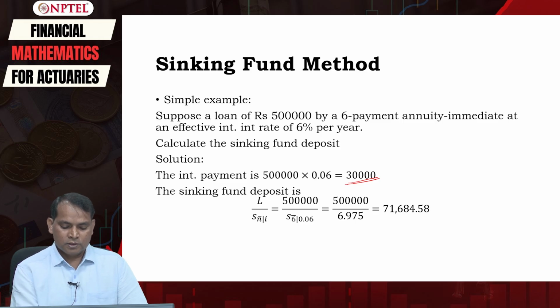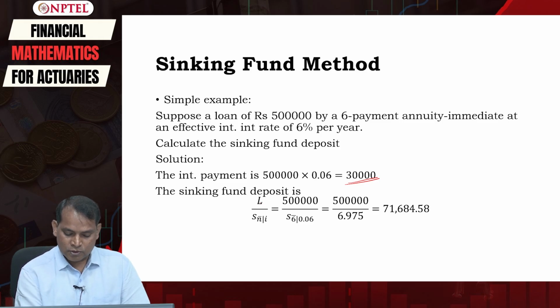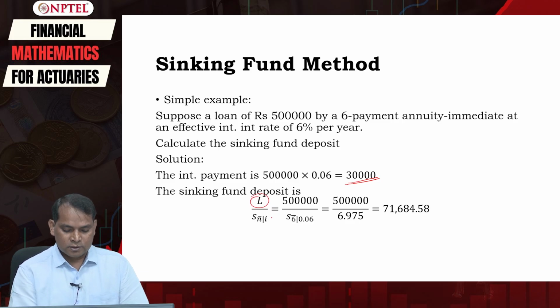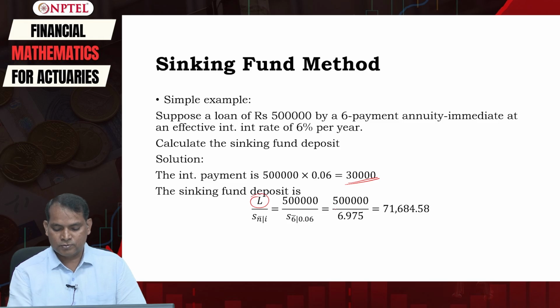The sinking fund deposit will be the initial loan amount divided by the accumulated value of the installment, that is s angle n at i. Here in our problem, 5 lakhs divided by s angle 6 at 0.06, which is equal to 5 lakh divided by 6.975.